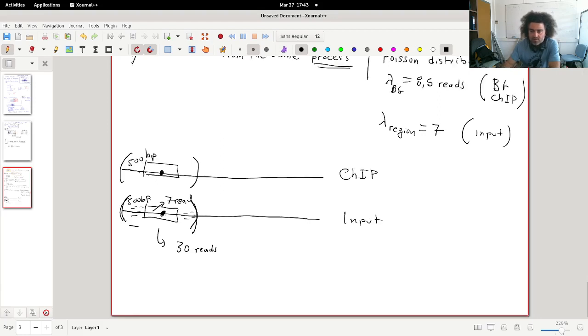Now this means the following, that in a region of 1000 base pairs, we have 30 reads in the input, which means that in a region of 500 base pairs, we would have 15 reads.